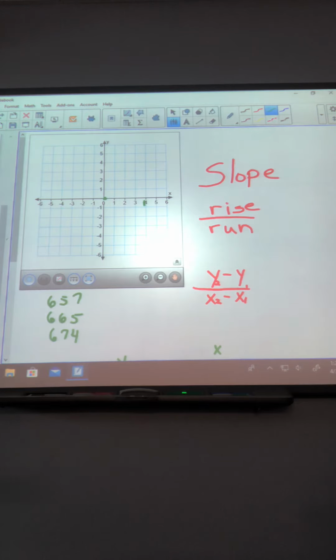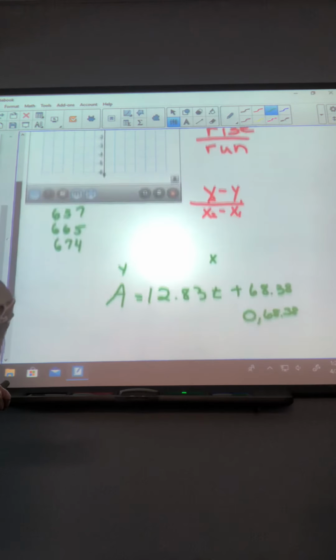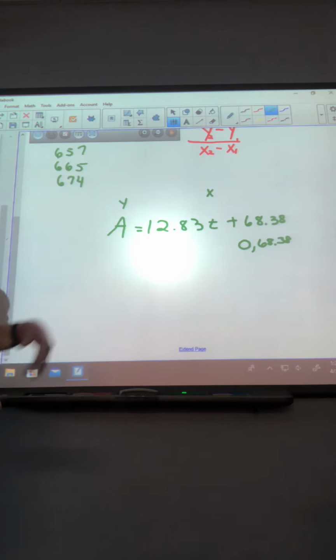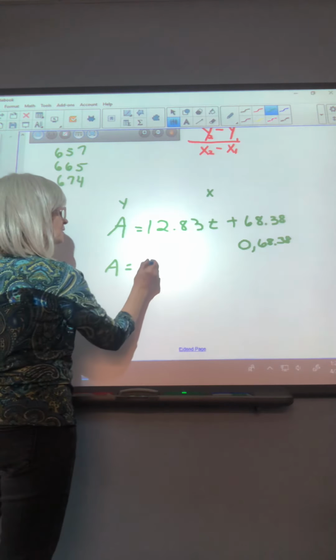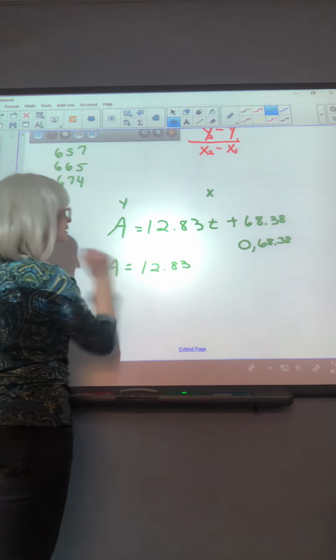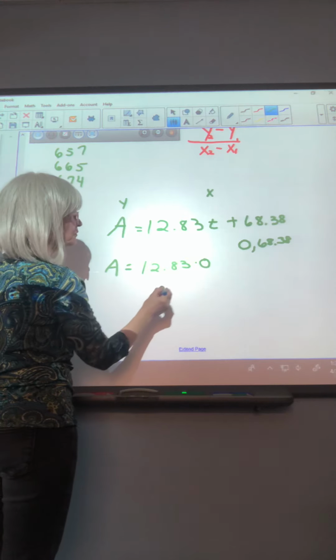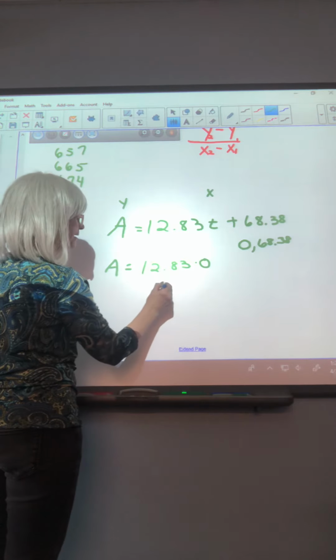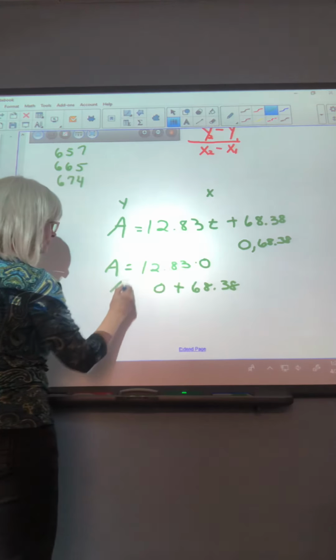So for 2010, the time is 0, and there's the equation. To solve this, we would say A is equal to 12.83 times 0, which would give us 0 there, and then we would add 68.38 to it.